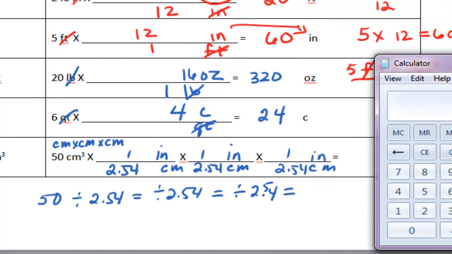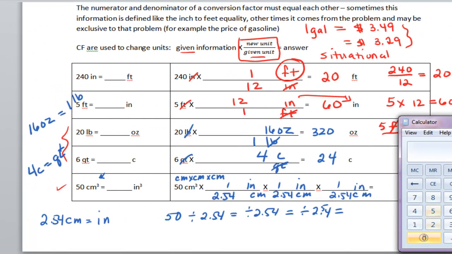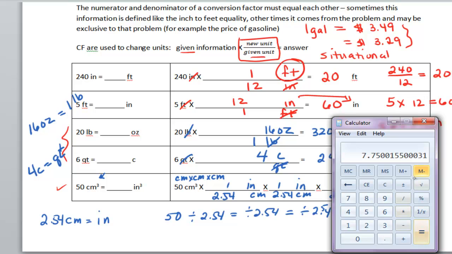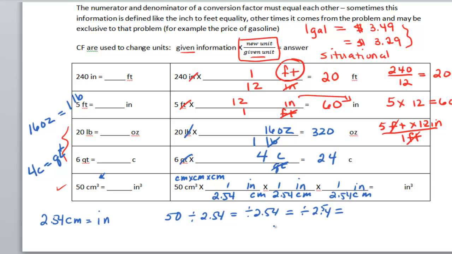So if I look at doing that on the calculator, I'm going to take 50 and divide it by 2.54 equals, divide by 2.54 equals, divide by 2.54 equals, and I get an answer of 3.05, and this would be in inches cubed.